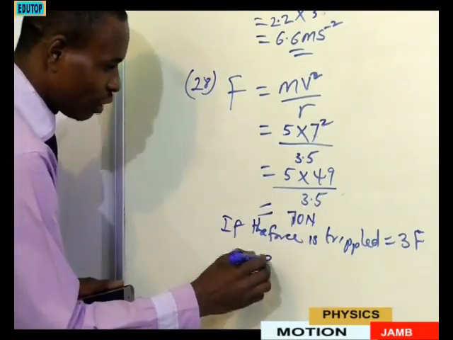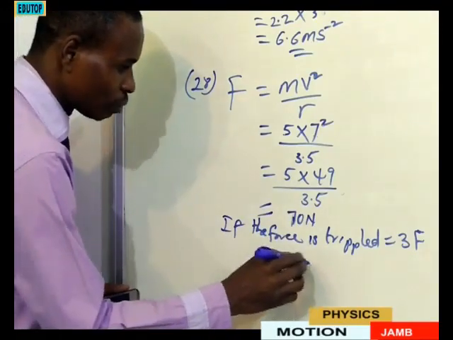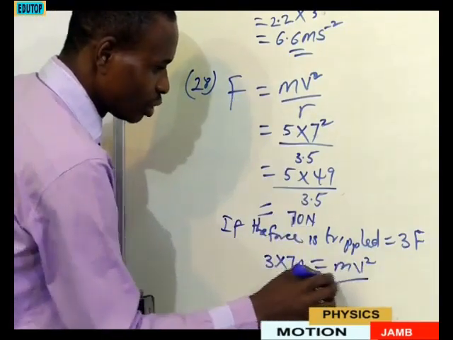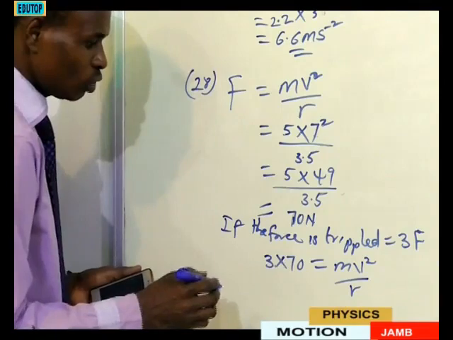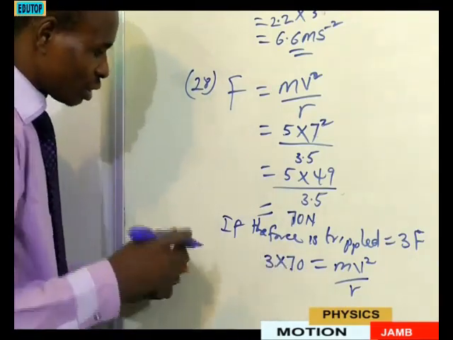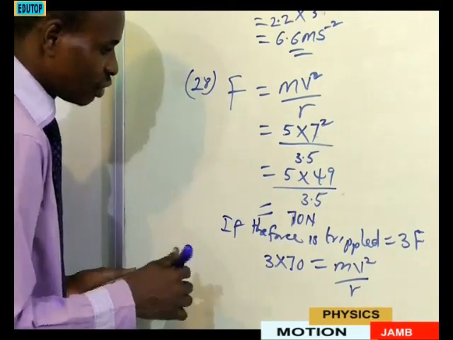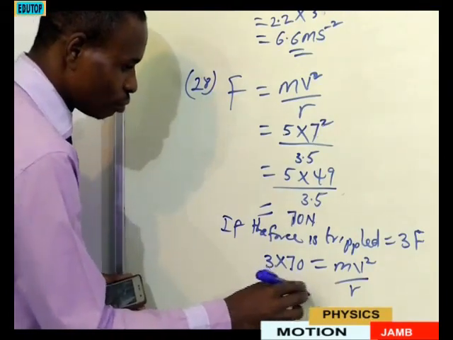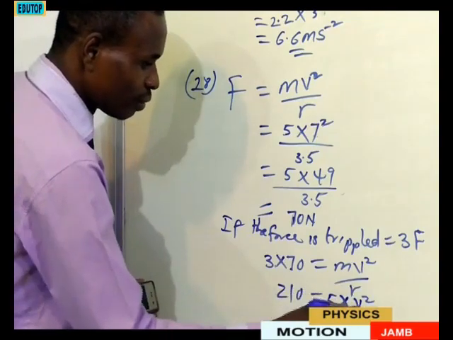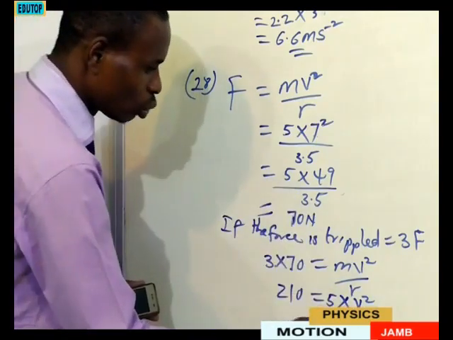That is, 3 times 70 will now be equal to mv squared over r. And 3 times 70 will give us 210, will be equal to, then we are looking for speed, and the radius will still be equal to 3.5.